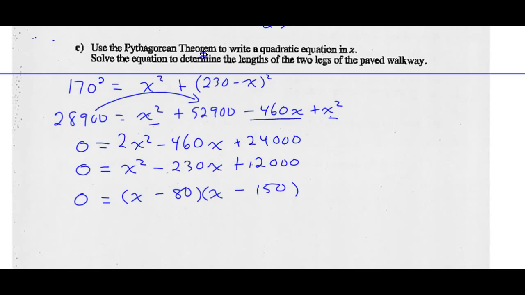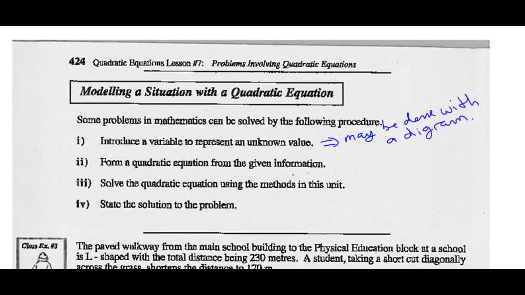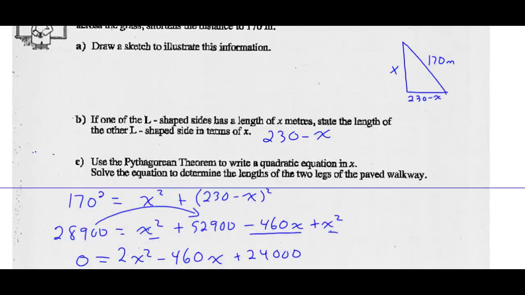So set each factor equal to 0. X minus 80 would equal 0, or x minus 150 would equal 0. We've got two solutions, x equals 80 or x equals 150. Now let's answer the question. Go back up to the original question. If x is 80, 230 minus 80 is 150, and if x is 150, 230 minus 150 is 80.